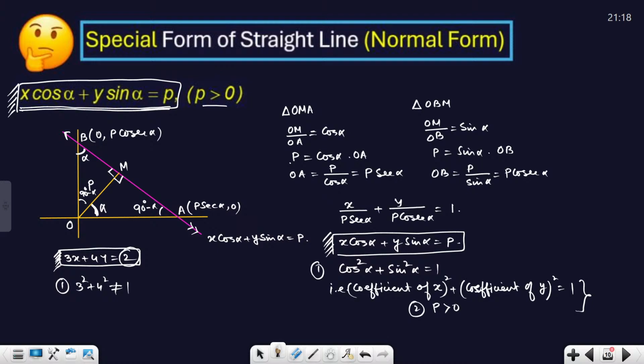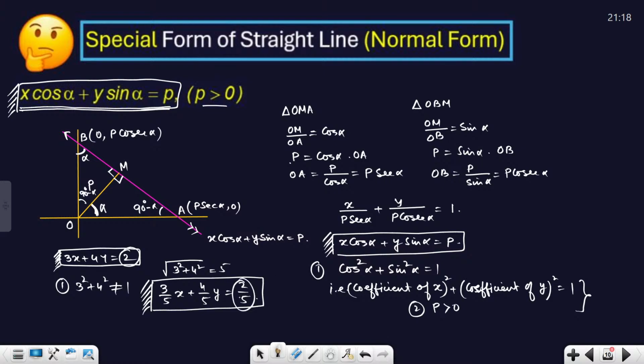Is it right? Okay, so how to make it a normal form? In this case, you will simply divide both sides by 3 square plus 4 square. If I divide both sides by 3 square plus 4 square, which is your 5 in this case, then the equation becomes 3 over 5 x plus 4 over 5 y is 2 over 5. Now I will say that this equation is very much in your normal form. Why?